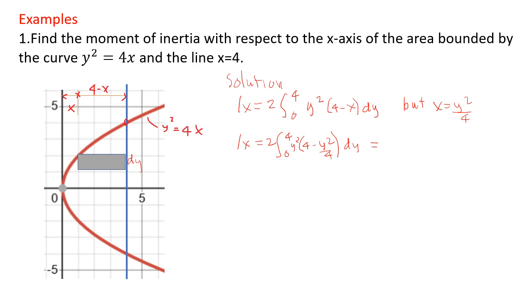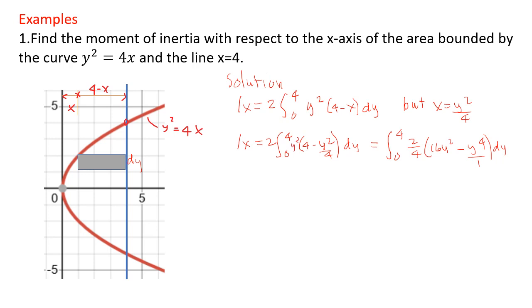equivalent to the integral from 0 to 4 of 2 over 4 times (16y squared minus y to the power 4) dy.